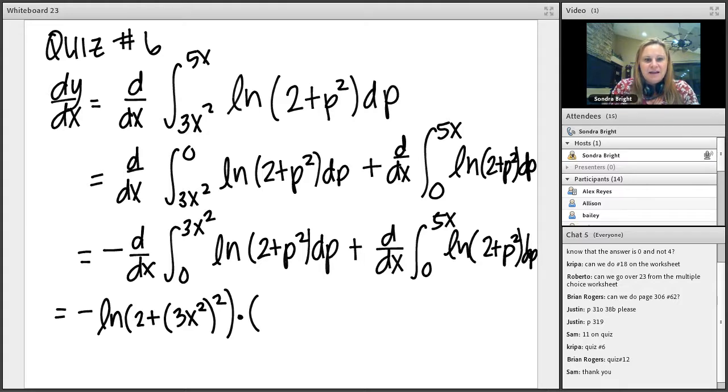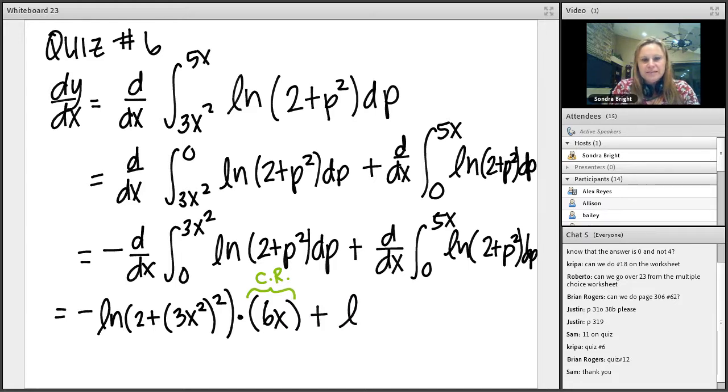But then times the derivative of 3x squared, which would give you 6x. So that's chain rule right there. This part is chain rule. You have to take the derivative of the 3x squared.